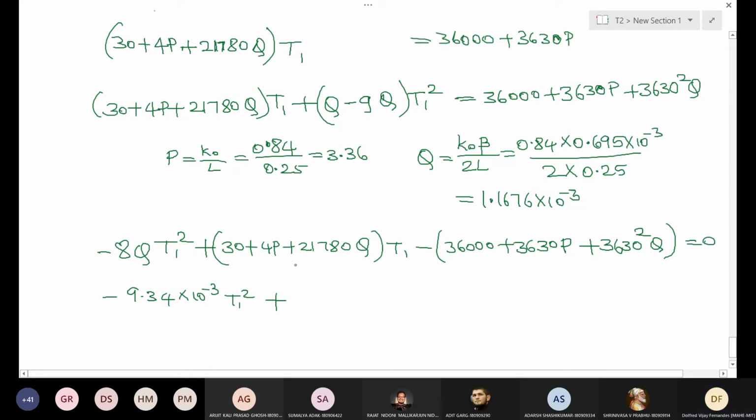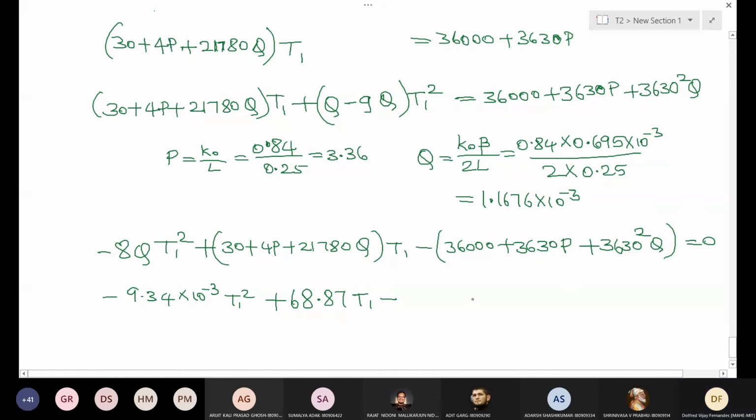Next, this value will be a large value. Again, 4 times P plus 30: calculate 30 plus 4 times 3.36 plus 21780 into 68.87 T1, and this is a very large value.